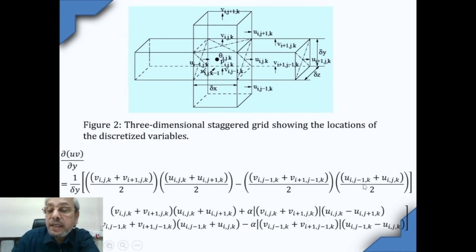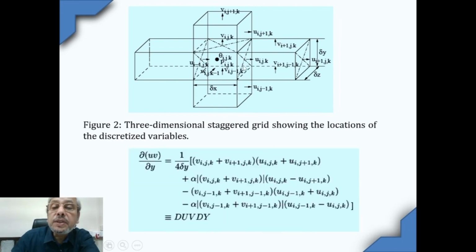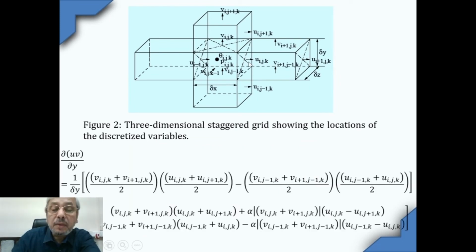So uij minus 1k plus uijk by 2. So simply we have found out by interpolating u at this point. Between these 2 points we have interpolated. So we have done that.